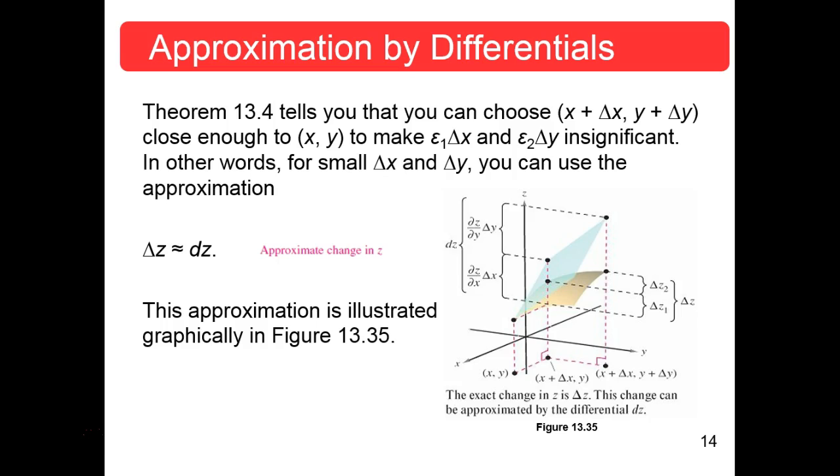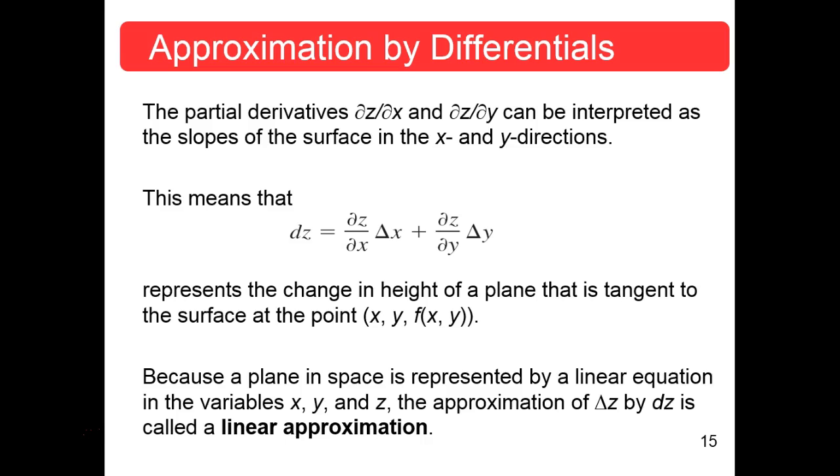Okay? So anyway, the partial of z with respect to x is how much z has changed with a small change of x. Now they're saying that dz is the differential, which in an earlier slide was a delta z there.